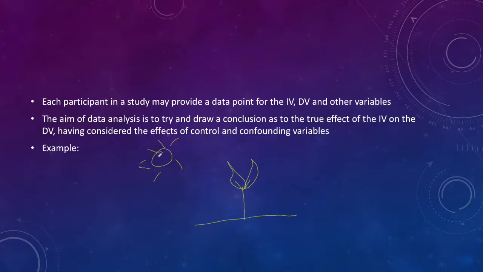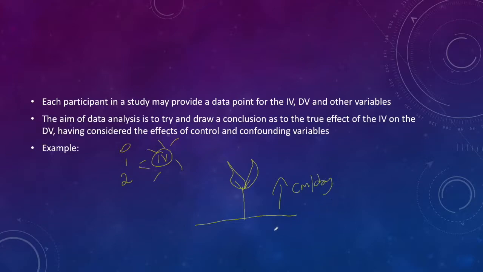our independent variable would be the intensity of light, which we could grade from no light to moderate light to full sunlight. Our dependent variable would be the rate of growth of the plant, which we would mark on some scale, for example, centimeters per day.